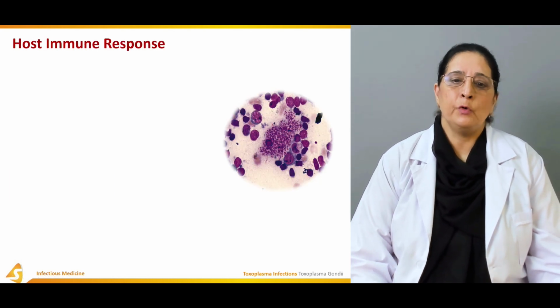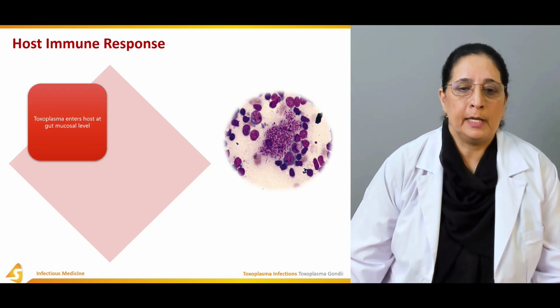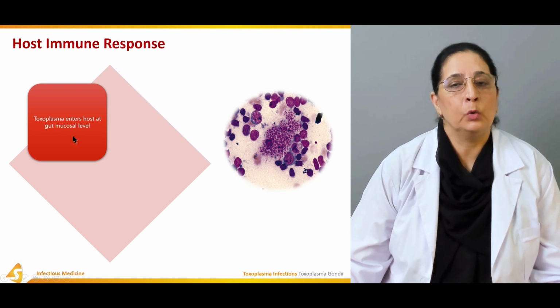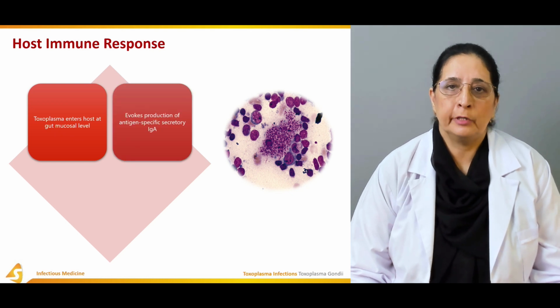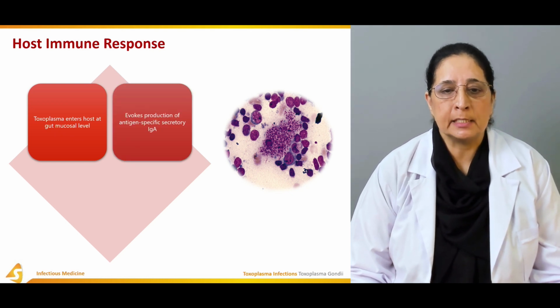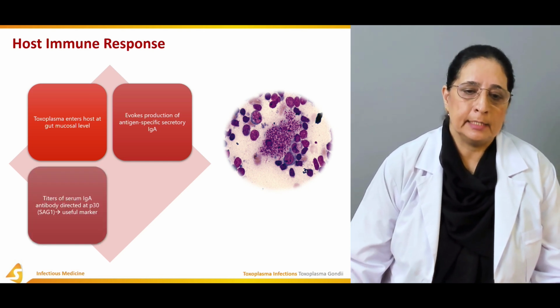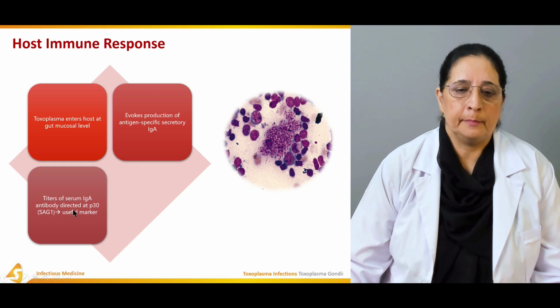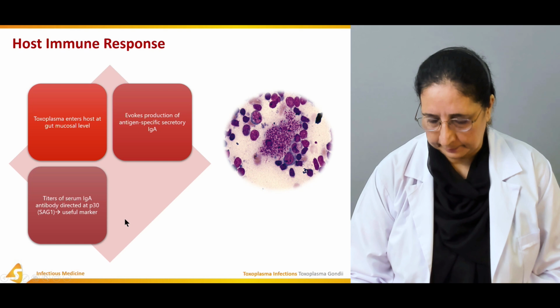Now, the host immune response that develops: Toxoplasma enters the host at the gut mucosal level and evokes production of antigen-specific IgA. Serum IgA antibody titers are detected against P30/SAG1, which is a useful marker.